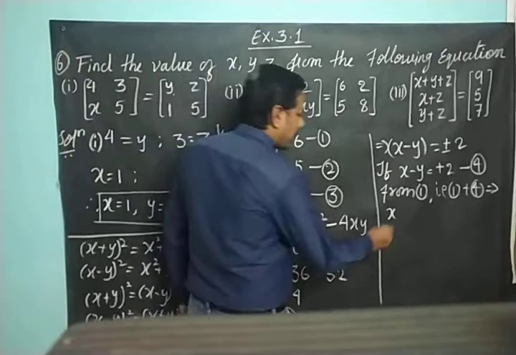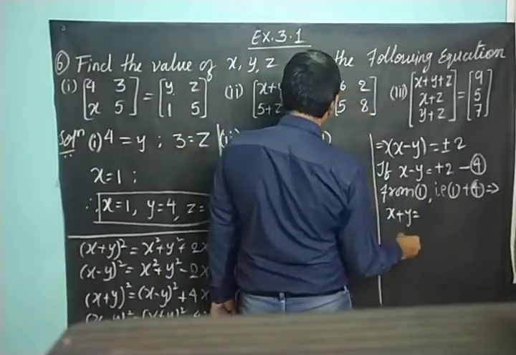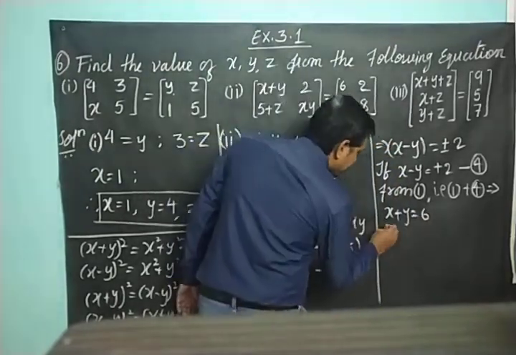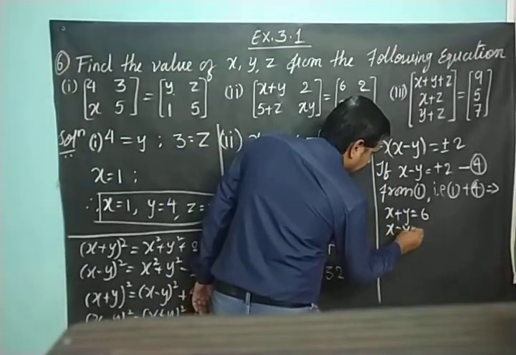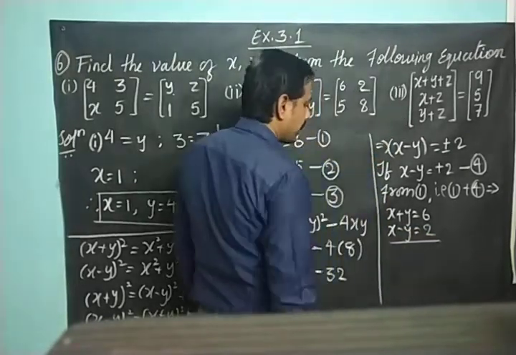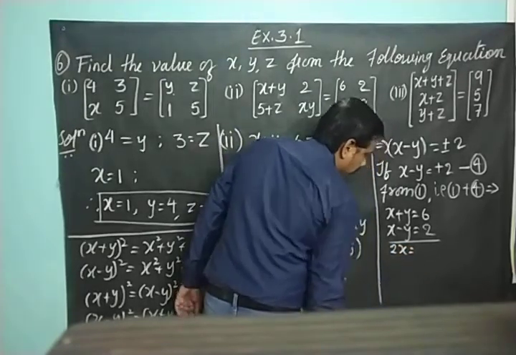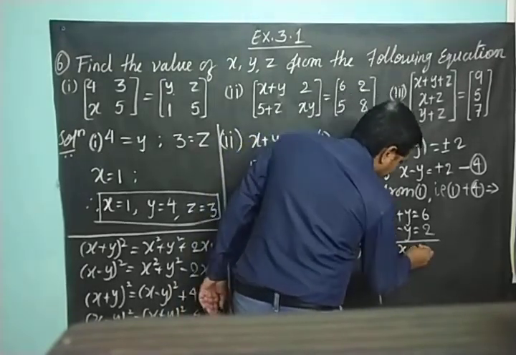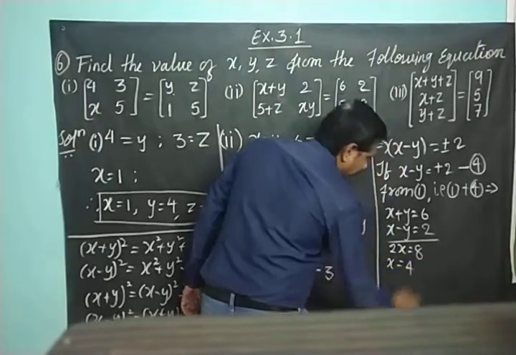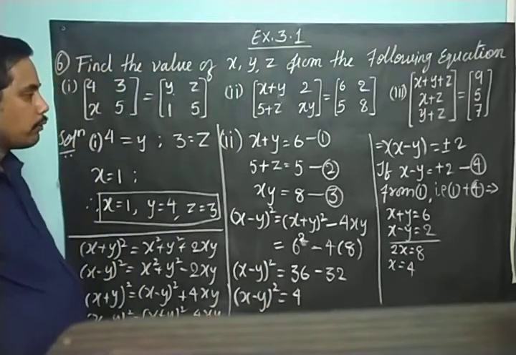X plus y is equal to 6, and here x minus y is 2. If I add them, what will I get? 2x is equal to 8, x is equal to 4.